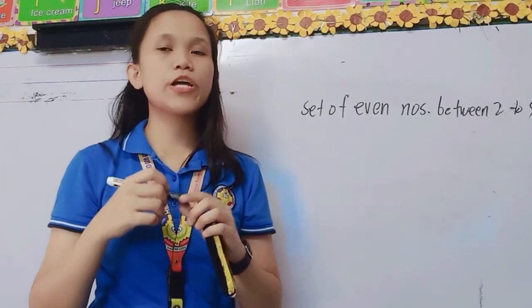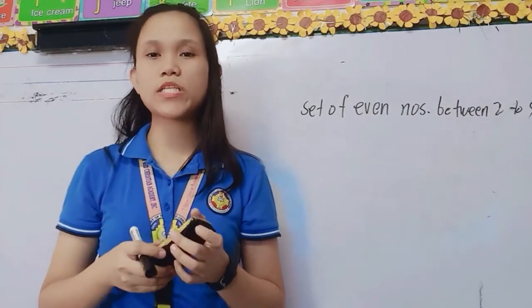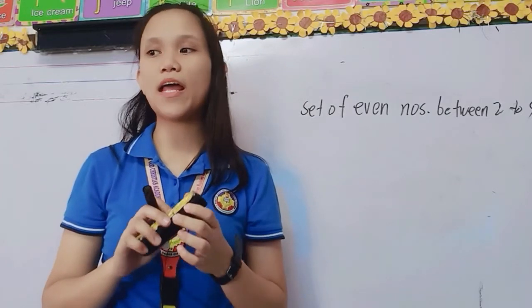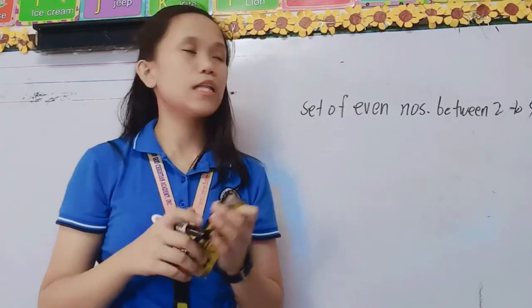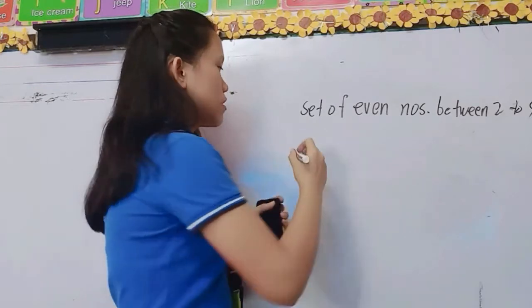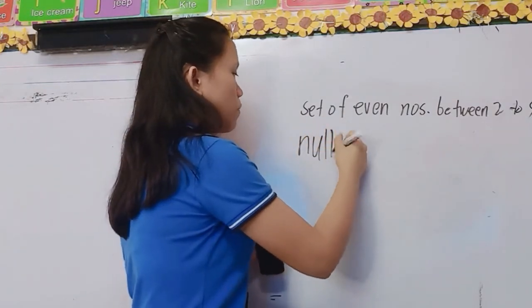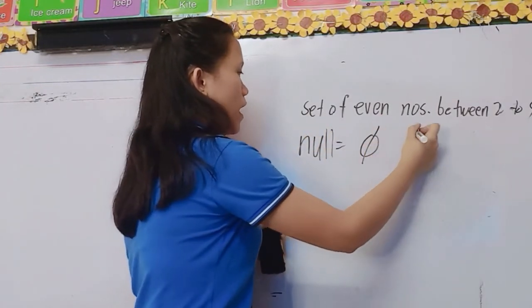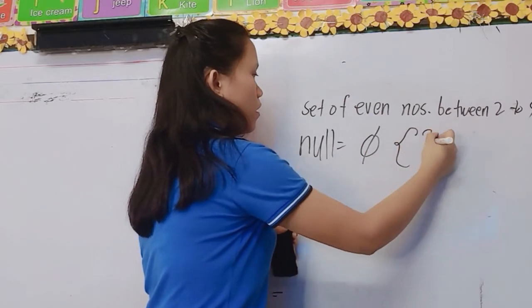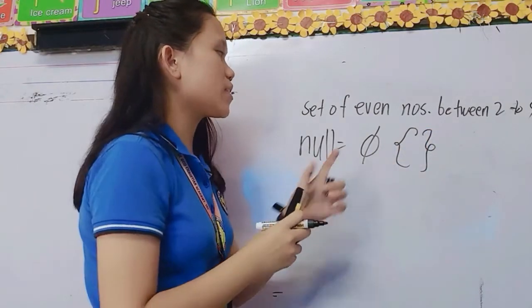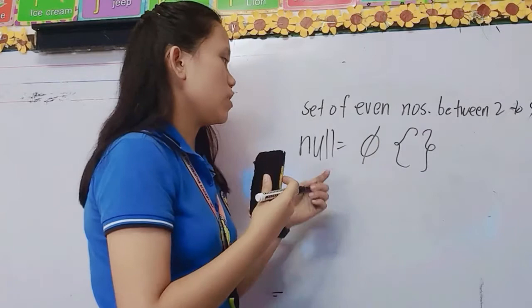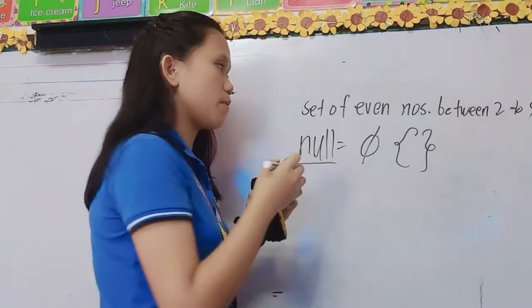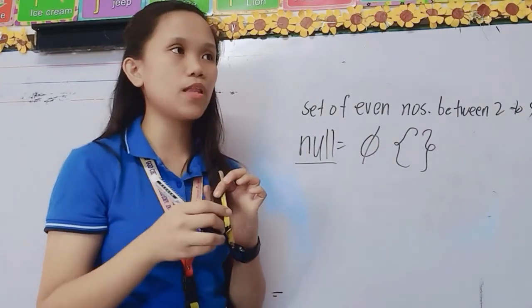This third kind of set is called a null set. When you say null set, it is a set with no element, denoted by the symbol theta, or as empty, or just the open and close braces. This is also called a null set or an empty set, meaning to say there is no element within the set.